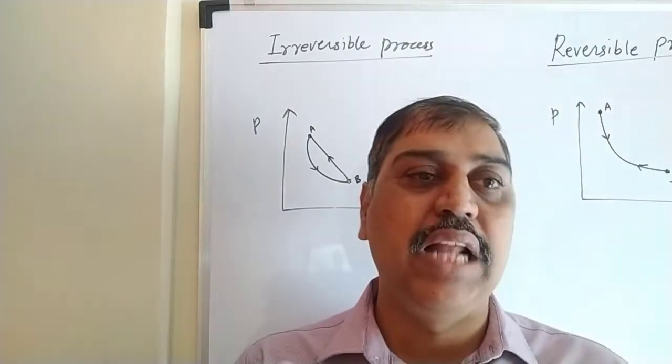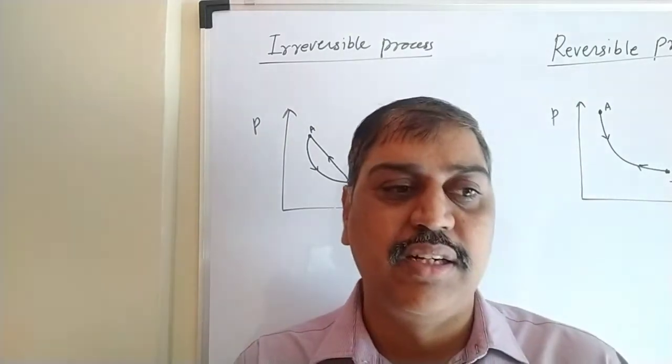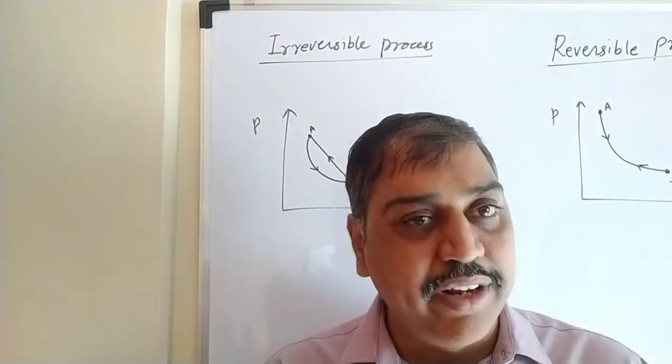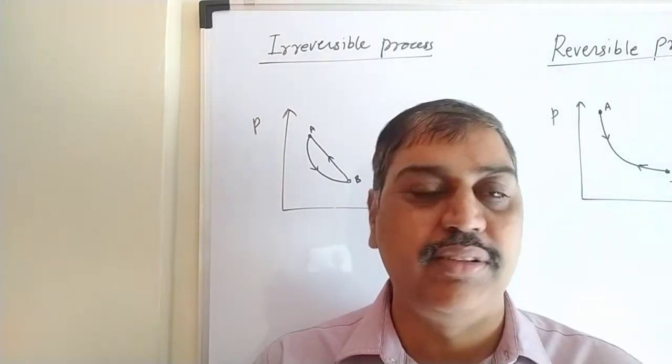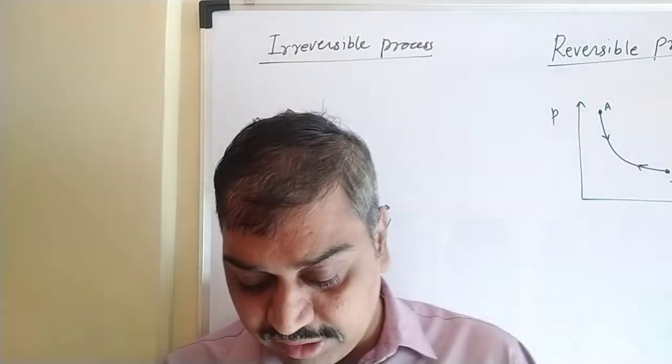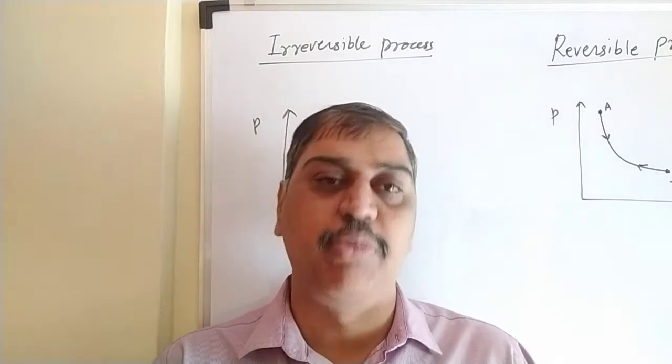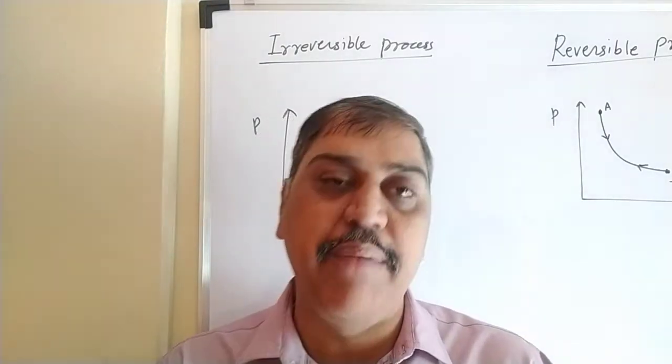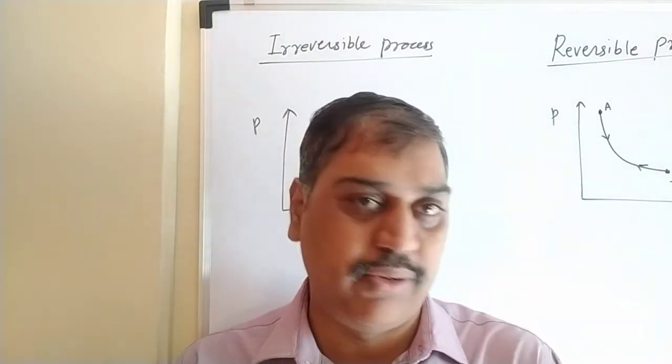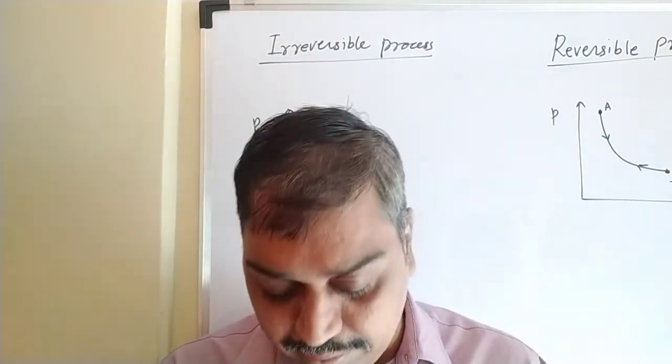Quasi-static means very slow processes. The time taken by them is infinite, so a very long time the process will require. The system is therefore said to be in thermodynamic equilibrium throughout all changes.